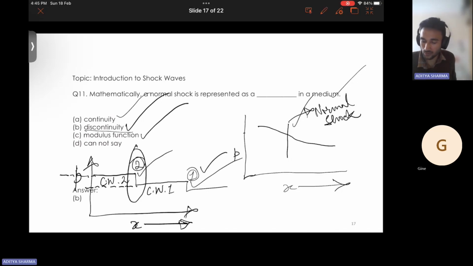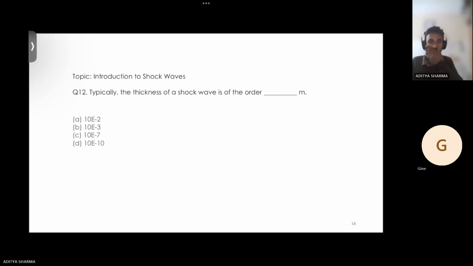If we move on to the next question: typically, the thickness of a shock wave is of the order of... Yes, it's a factual question.